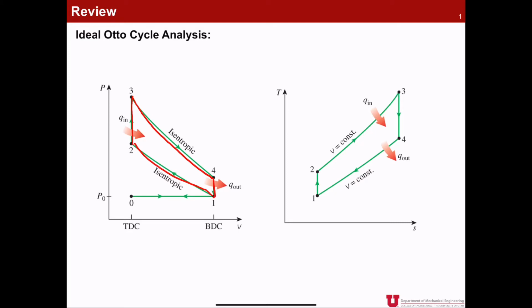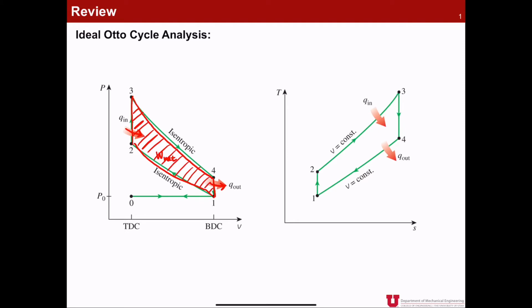There is heat input during the process 2 to 3 and heat rejection from process 4 to 1. And net work can be graphically represented by the area surrounded by these four processes.